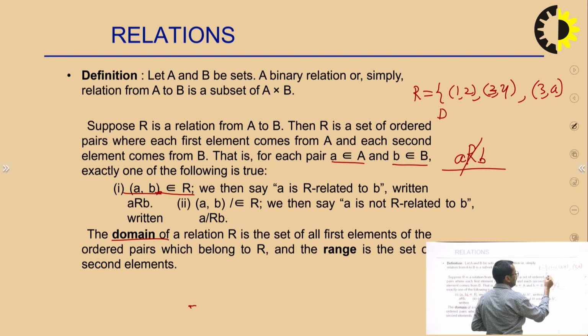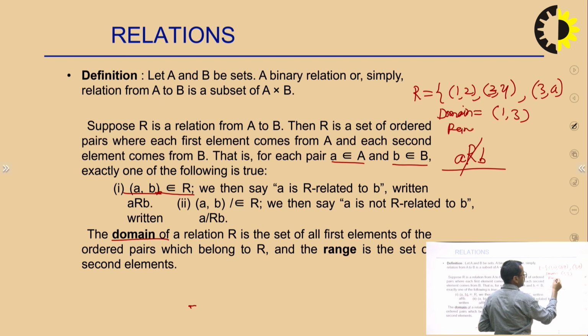So the domain will be {1, 3} and the range will be {2, 4, a}.